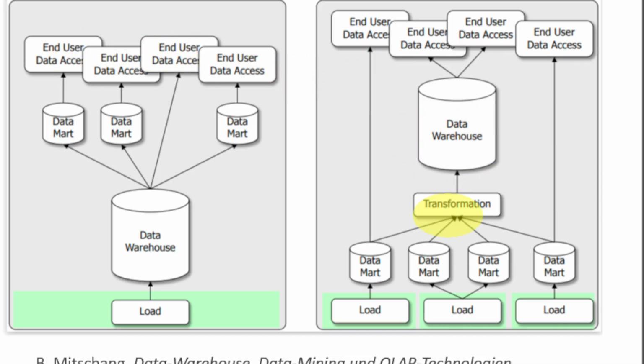Whereas in this one, we have load coming into all data marts and that gets transformation and then goes to the data warehouse and to end users. It's also going directly from the data mart to the end user as well.